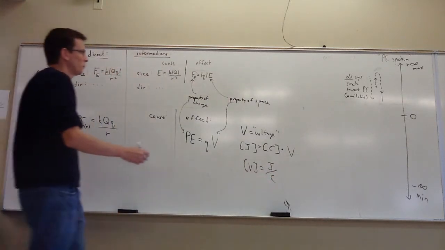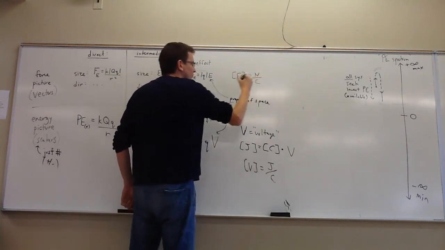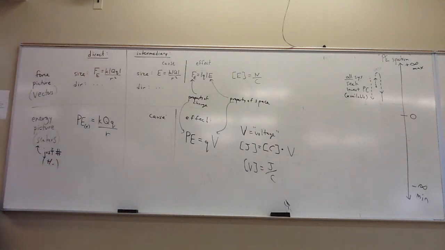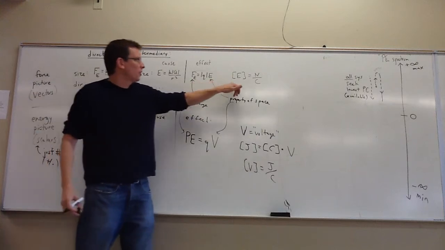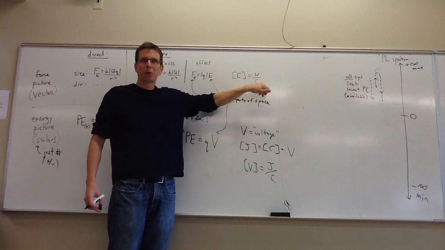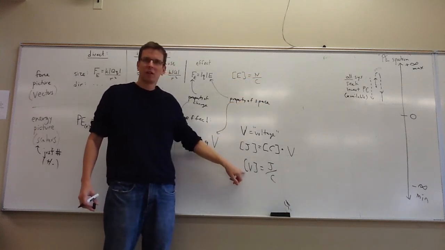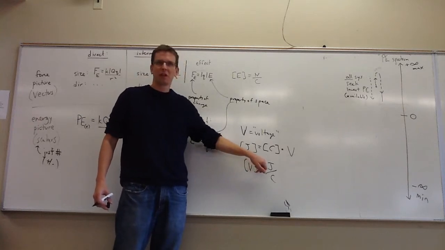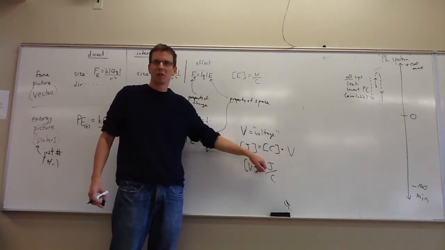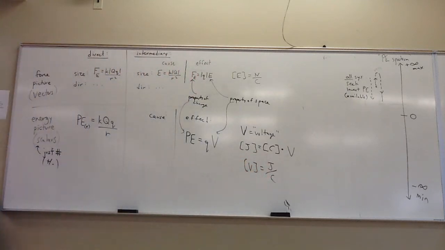Now, I can compare and contrast that with the electric field units. That's newtons per coulomb. Okay? So, if the electric field tells you how many newtons of force are available at this location in space per coulomb that you put there, then the voltage tells you how many joules of potential energy are available at this location in space per coulomb that you put there, right? So one is the intermediary for force, one is the intermediary for energy.